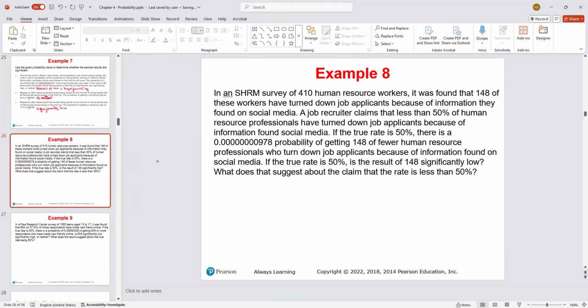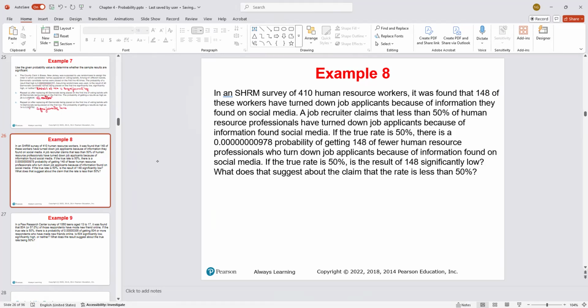If the true rate is 50%, is the result of 148 significantly low? So what does that suggest about the claim that the rate is less than 50%? So we're gonna try to do these examples now.